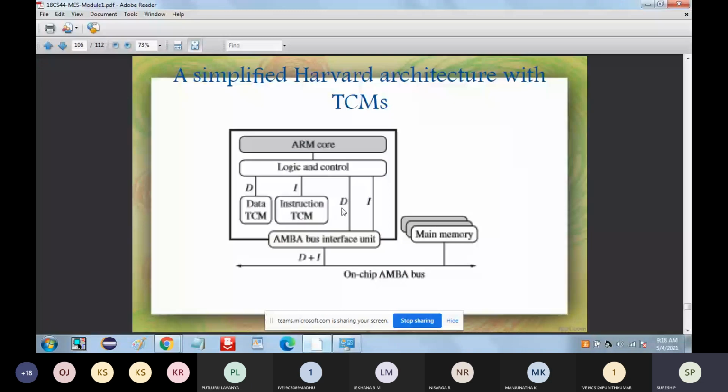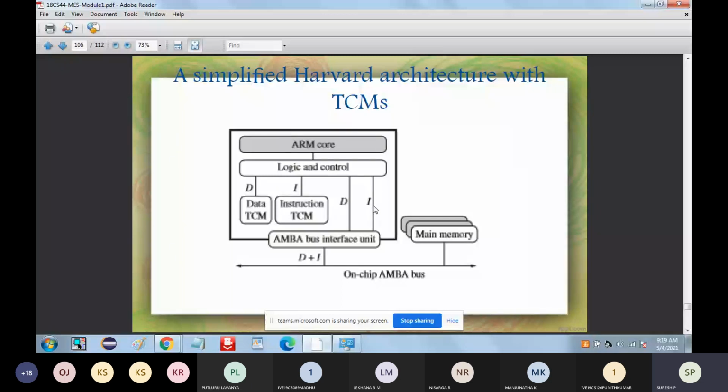For example, say the ARM core is going to execute some add instruction. First it will look into whether the add operation is there in the instruction tightly coupled memory or not. If it is not there, it will send the request to main memory through the instruction bus. So it has a separate instruction bus as well as a data bus.